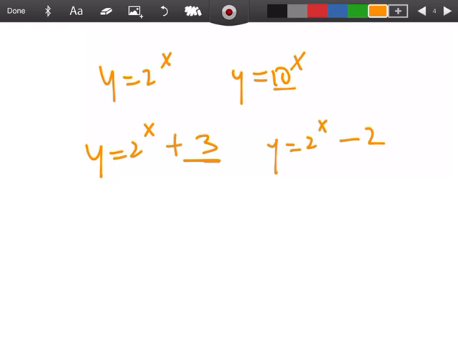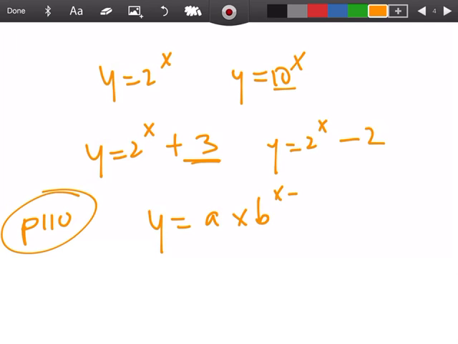Then, scrolling down to page 110, it brings you to the very generic function where you have several variables, and you see how each variable affects that function. What happens if you have a constant in front of the base, an a value? What happens if you take your x and subtract off something? In this case I put 3, but it really should be c.